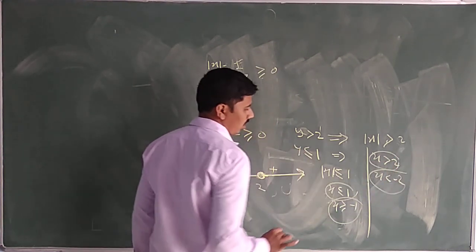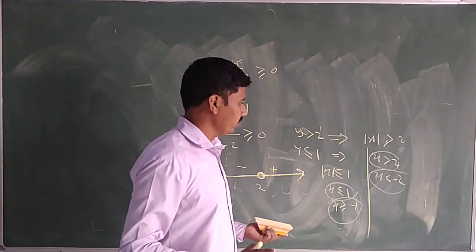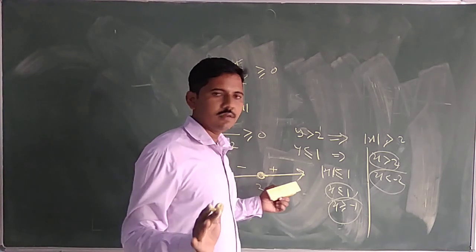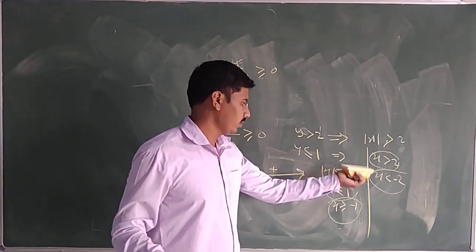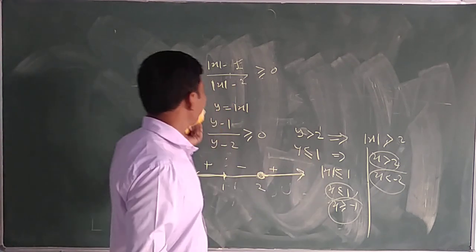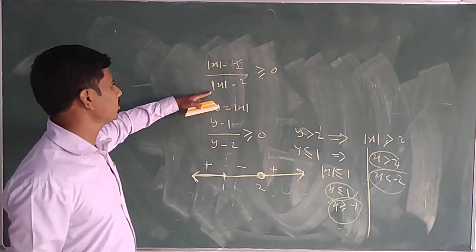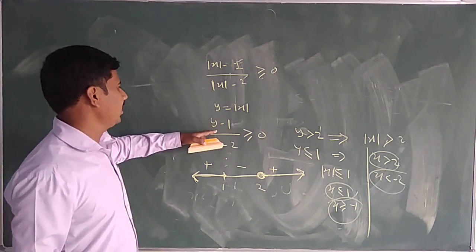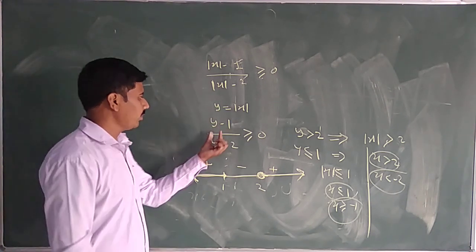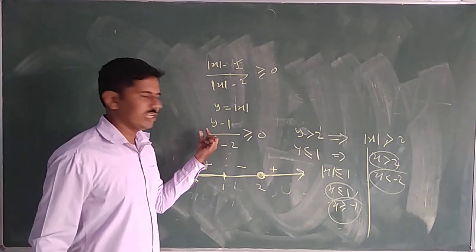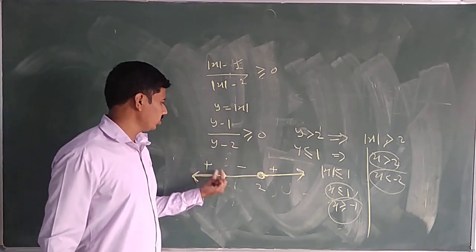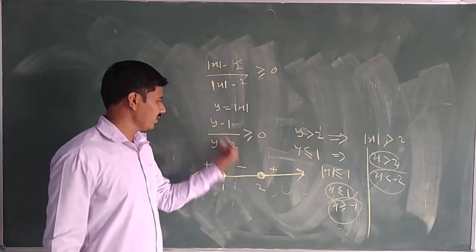The combination of all these, the common things get removed and the not common things are taken, and the solution is got here. So solve it. This is the way to solve examples of this kind. We have to replace this modulus of x with y, and then we know how to solve the example of this type. This variable got changed. So equate this with 0, we are getting y as 1 and y as 2.